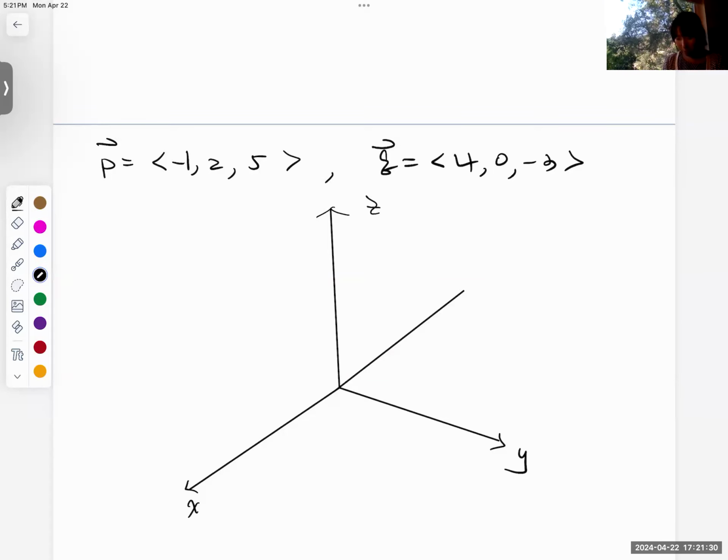And this is negative y-axis. Is it straight?